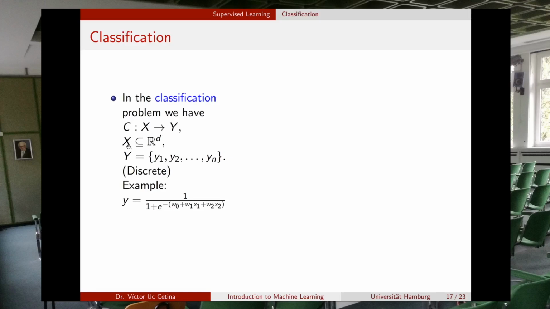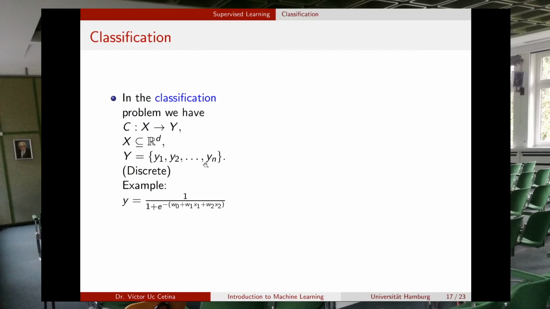X is the same as in regression. We are talking about vectors in some dimension d. But now the output is discrete. It's a discrete set. So we have a finite number of possible outputs. In this case, we are considering n possible outputs. Okay, these are also called labels.